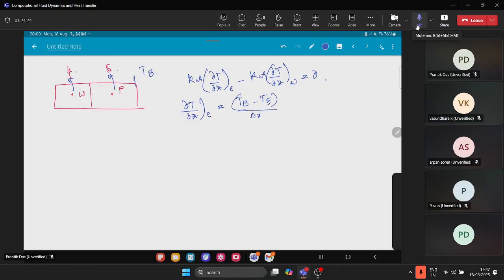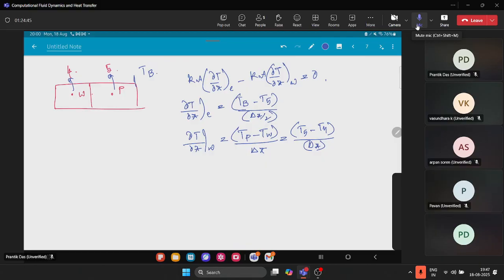And delta T by delta x at west is equal to Tp minus Tw divided by delta x, which is basically T5 minus T4 divided by delta x.